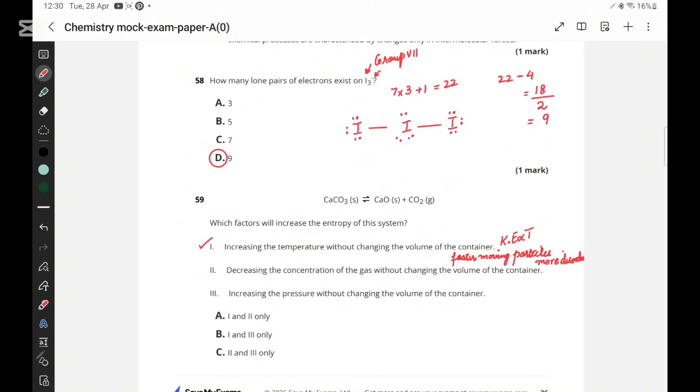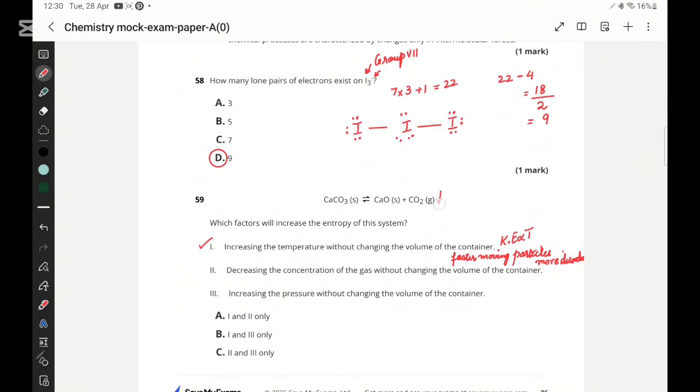Decreasing the concentration of gas without changing the volume of the container. If you are decreasing the concentration, that causes the equilibrium to shift towards the right hand side.